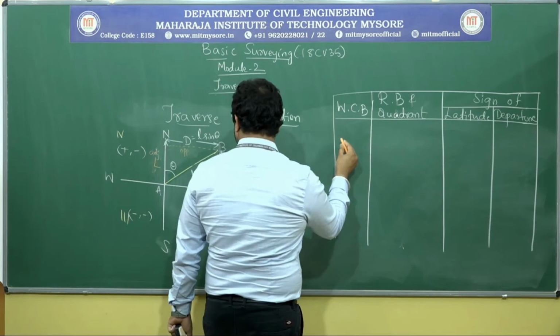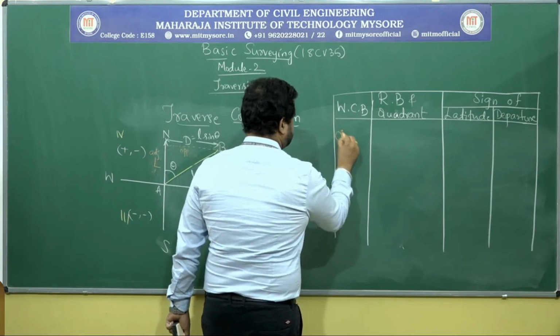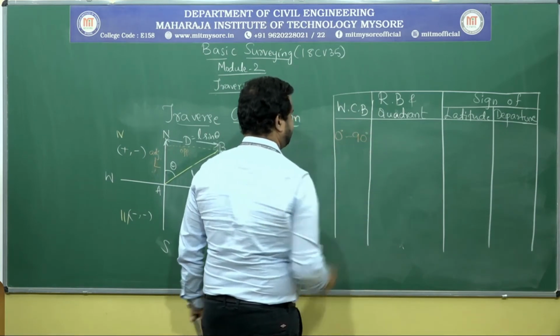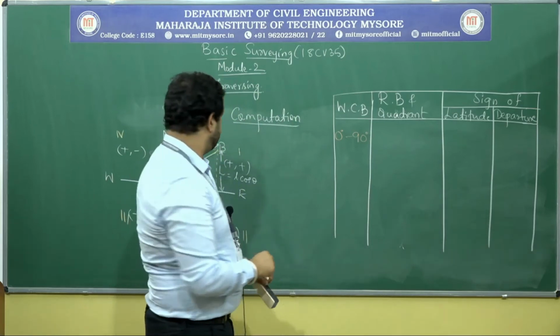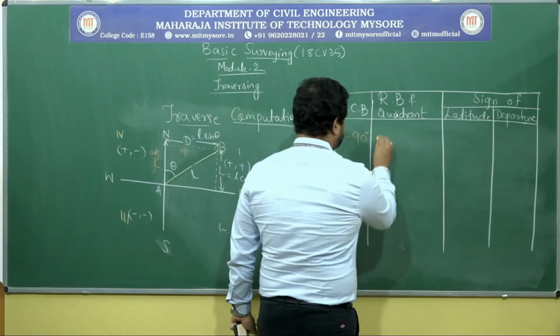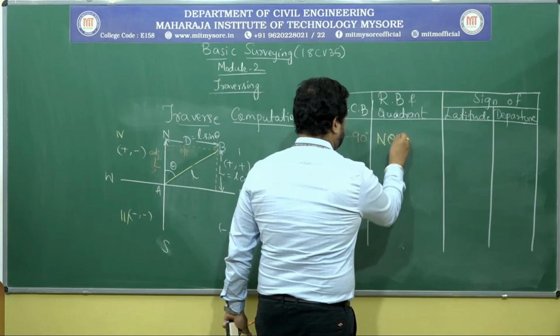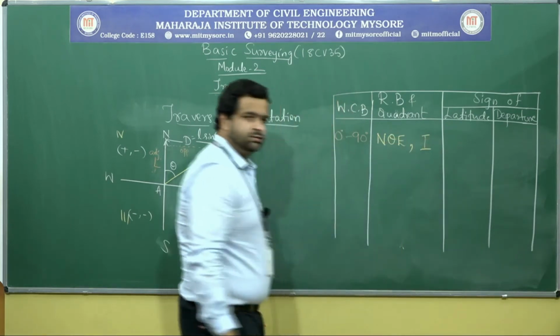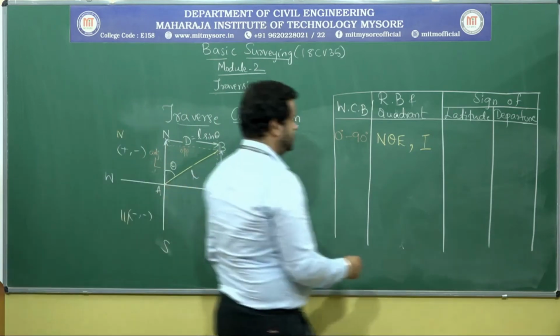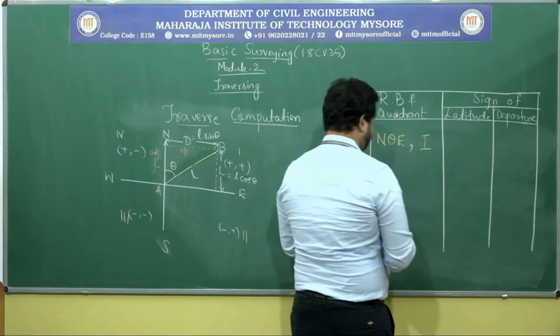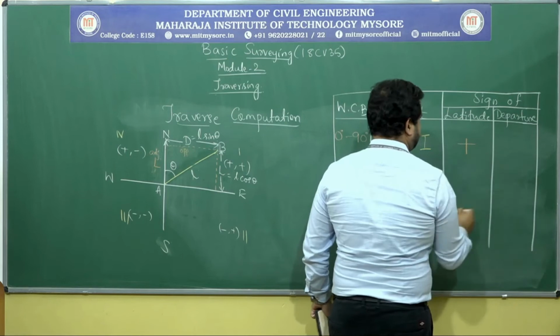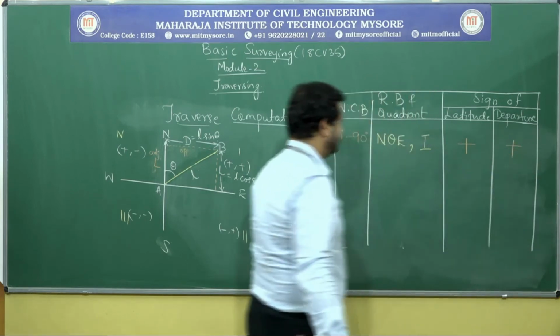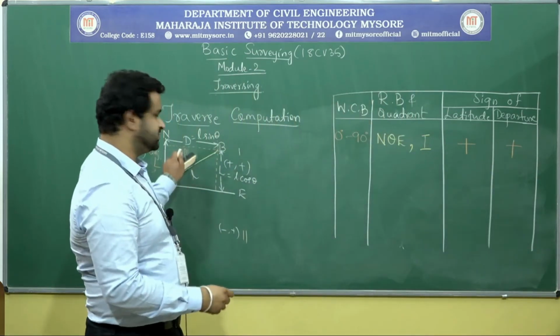So the WCB in the first quadrant is 0 to 90 degrees and reduced bearing is north theta east, first quadrant. So what is the sign convention? It is positive, departure is again positive. So this is for the first quadrant.